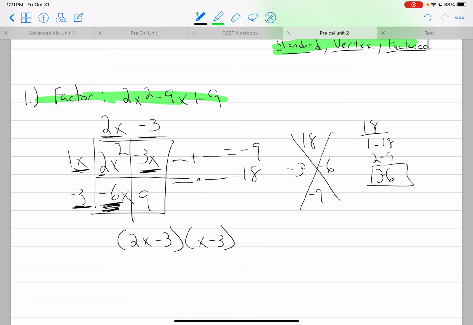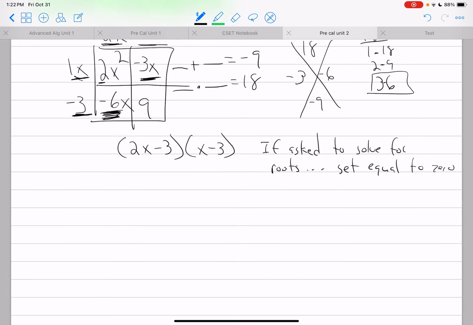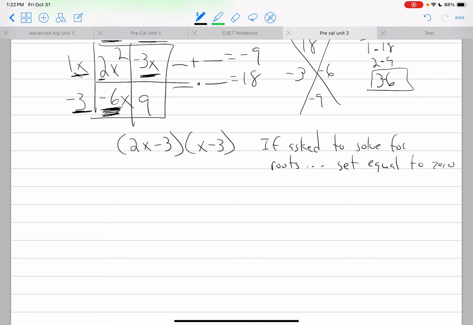All right, so let's see what is next. It says factor that. It's factored. And now from here, if I said factor it and solve for the roots, if asked to solve for roots, what do I do? I set it equal to 0. So if I asked you to solve for the roots, then you'd be like, oh, okay. Well, this is the factored form.